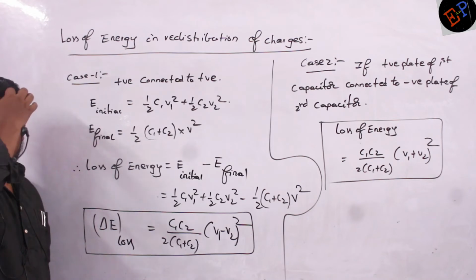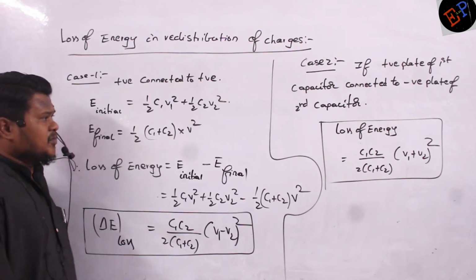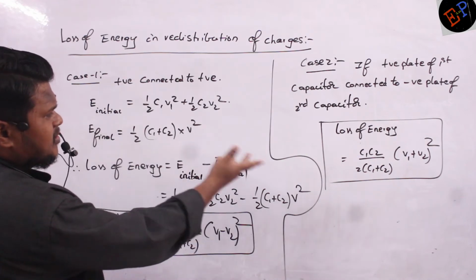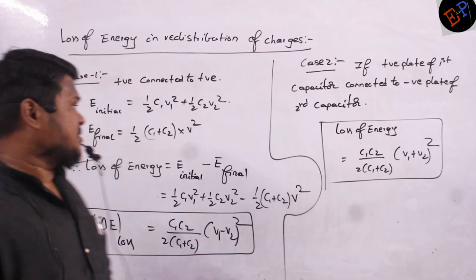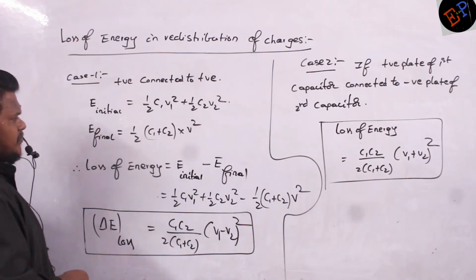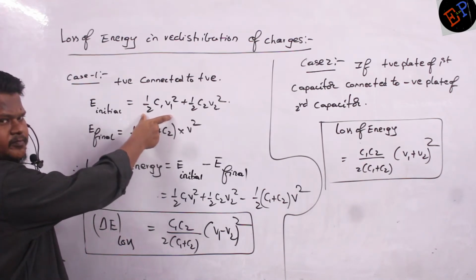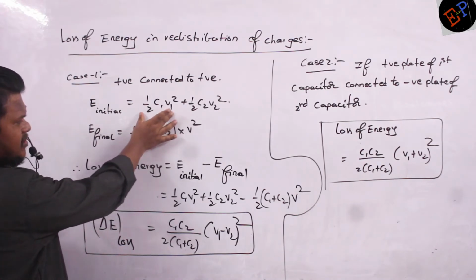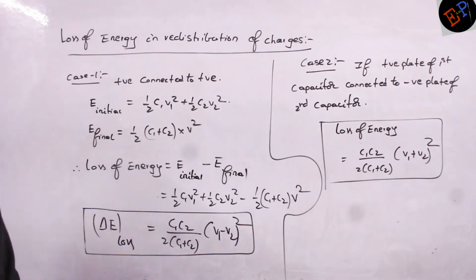Because of that resistance, definitely there will be some loss of energy. And how much loss of energy? Again, there are two cases, no? So we will study loss of energy in both the cases. First case is positive plate connected to positive plate. Then energy stored, this is the formula: half CV square. This is the energy stored in the first capacitor, and energy stored in the second capacitor, before connection.